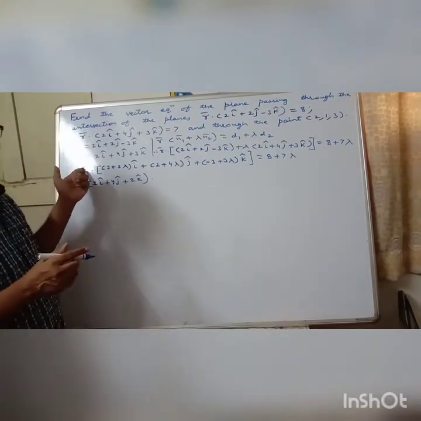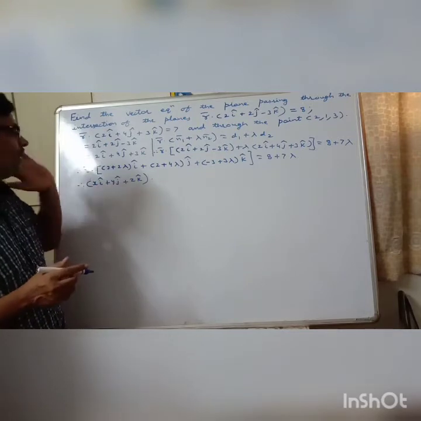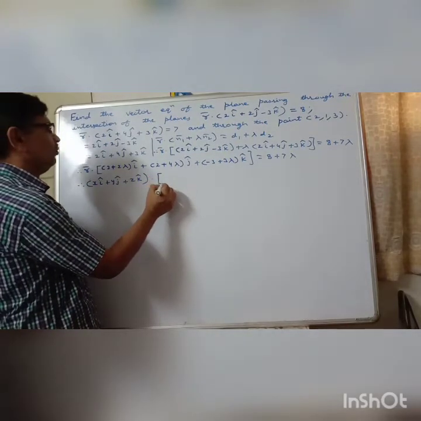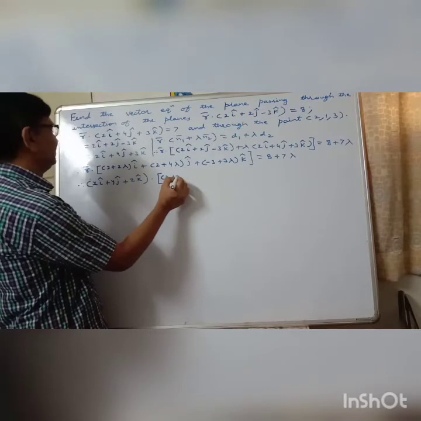For that purpose, we have written r bar in terms of x, y, z. Vector in other bracket as it is.